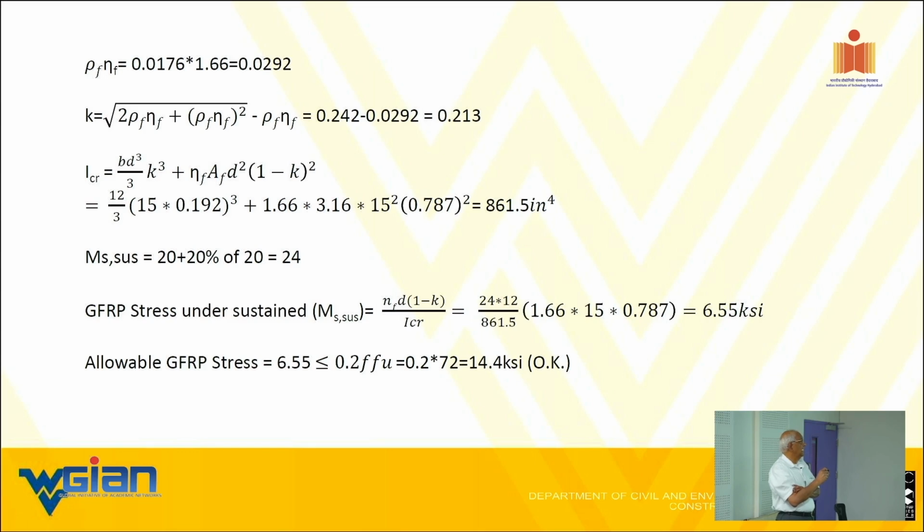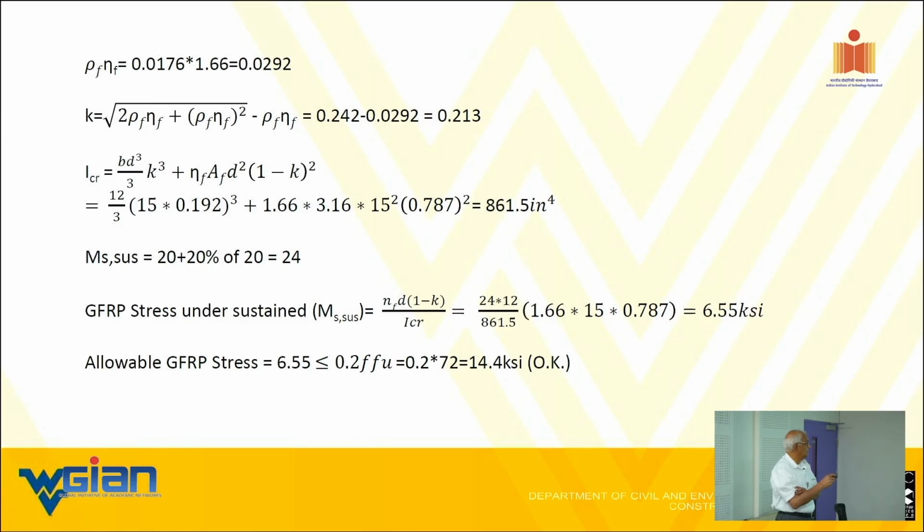So we find the I cracked as we did before. The first term is one-third B kd cubed. The second is the A d squared effect. I cracked value is 861.